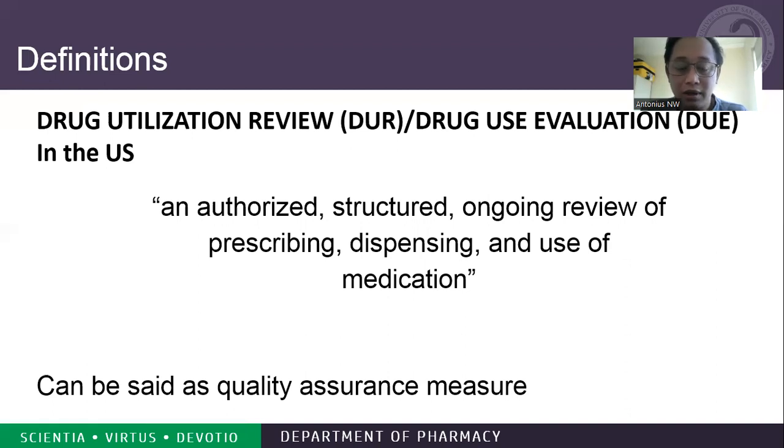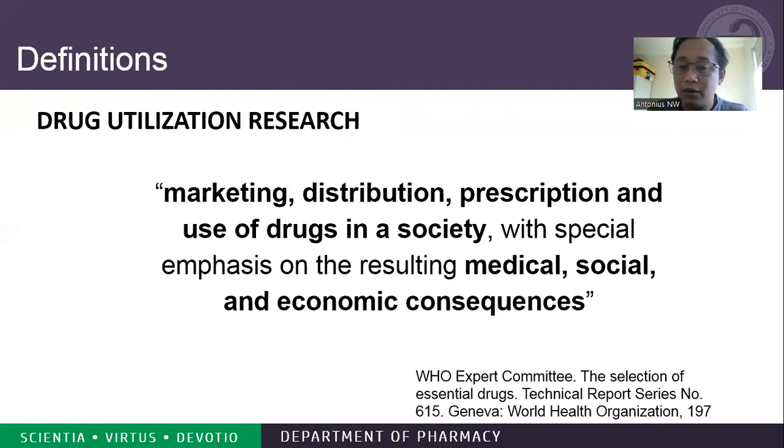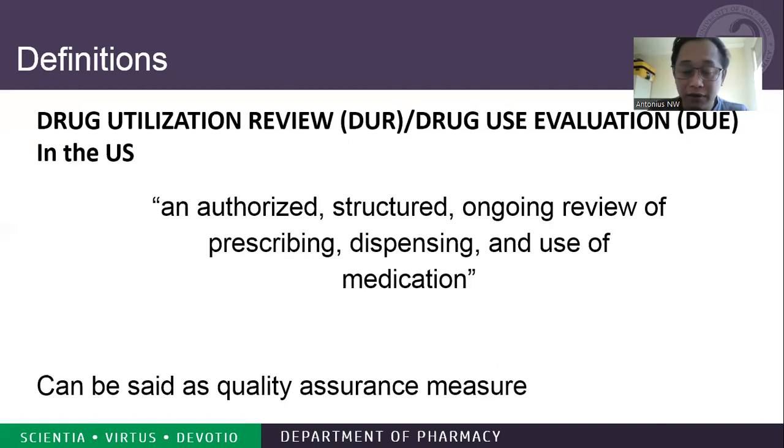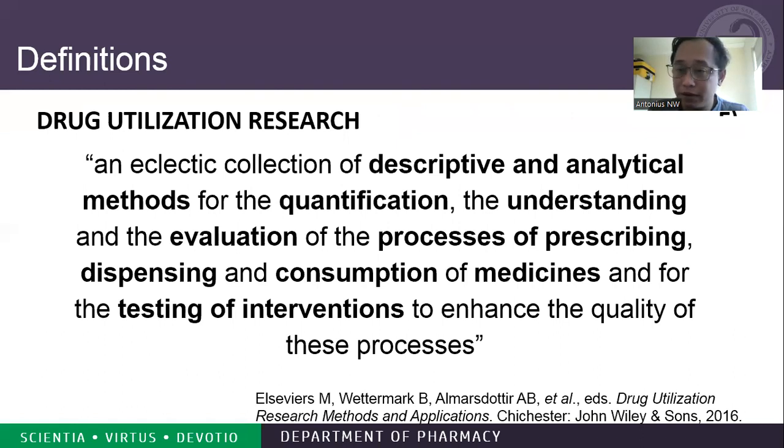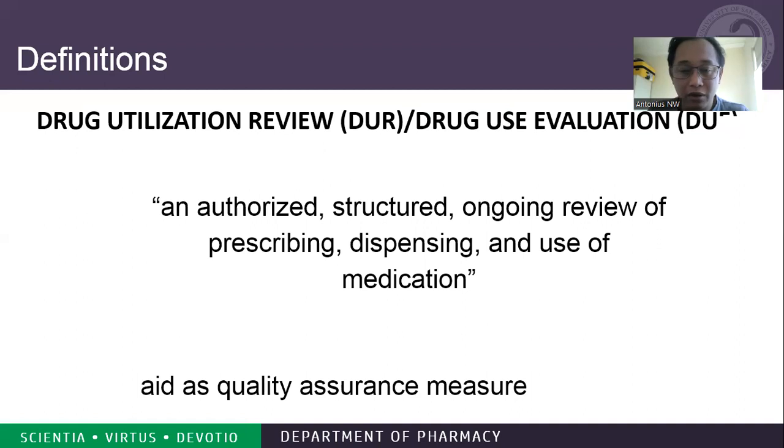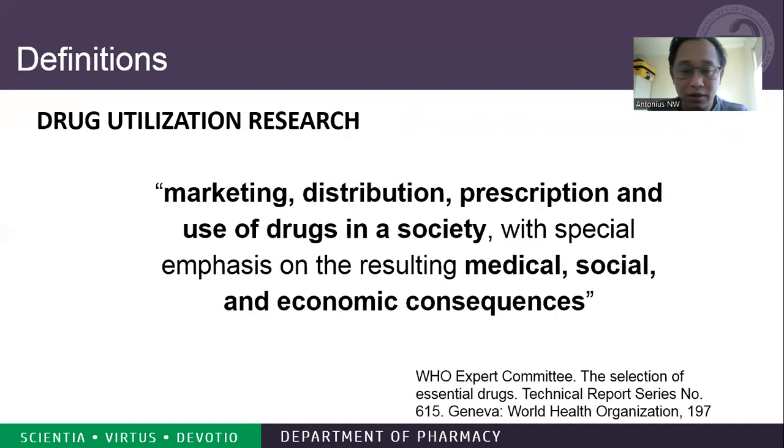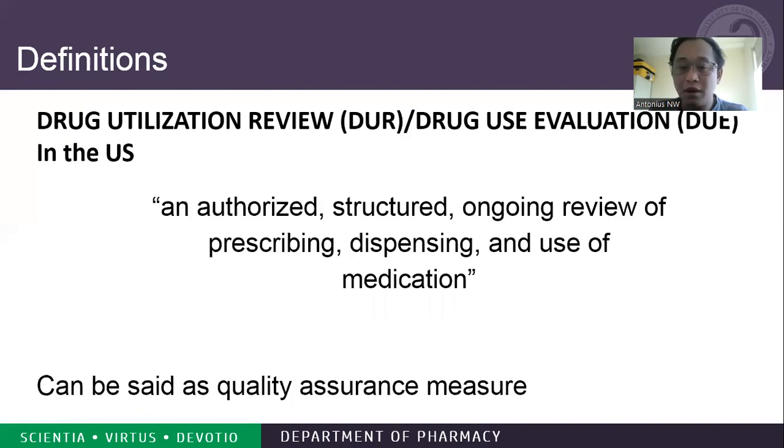It is an authorized, structured, ongoing review of prescribing, dispensing, and use of medication. This can be said to be a quality assurance measure. This definition is quite similar to the first, long definition, in that it may not involve the marketing and the distribution of the medications.